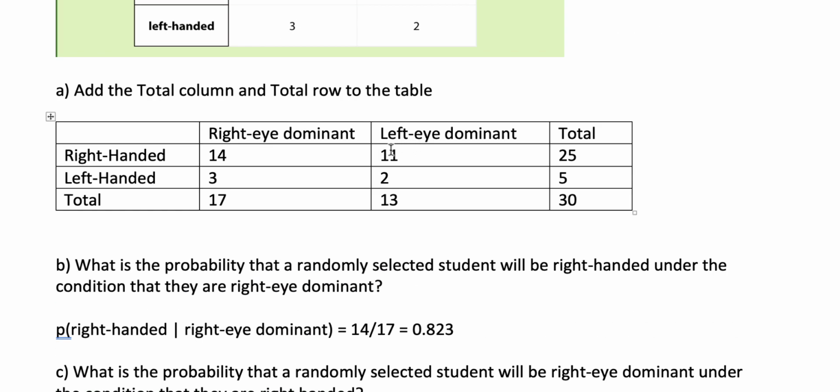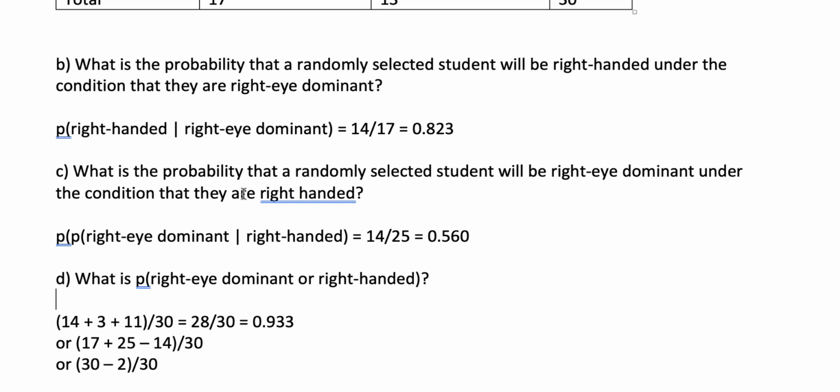So it would be the 11, the 14, and the 3, which sum together, 11 plus 14 plus 3, gives us 28. We could also say it's this column plus this row, but then we have to subtract the 14 because it's being counted twice, once in this row and once in this column. So we have 17 plus 25 minus 14, which also gives us 28.